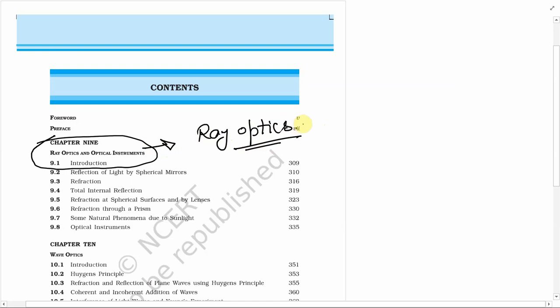So you already know from your class 10 syllabus that optics is related to light. So how is light related to the story which we were studying in the first book? Let me tell you that in the last chapter of the first book, we saw that the chapter is electromagnetic waves.